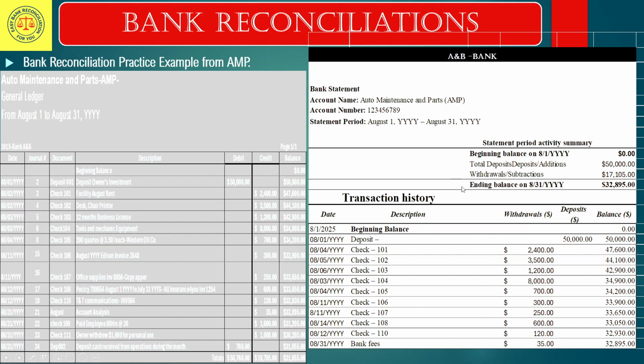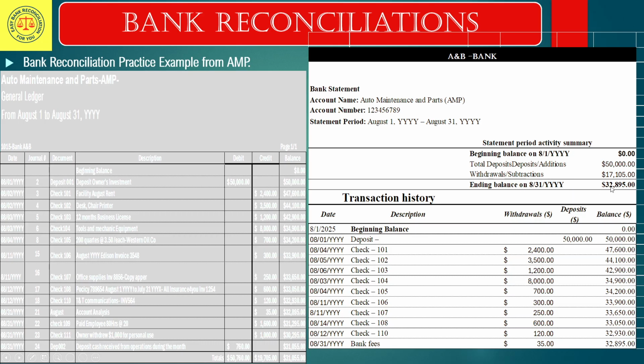What you see in this section, usually the bank statement has a statement period activity summary. They show you the beginning balance. In our case, it was 0 because we just started activities in August. They show you the total deposits and additions, the withdrawals or subtractions, and they give you the ending balance as of August 31 that year.